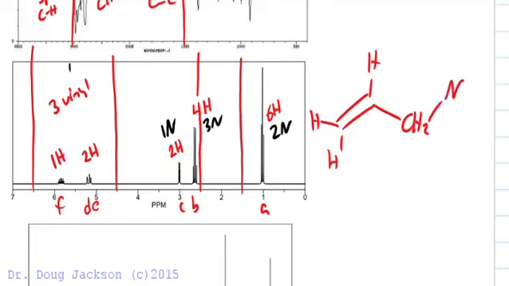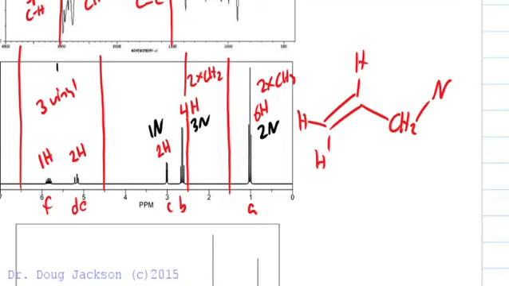Now, how do we get a CH6? Well, that's impossible. Okay, so it's got to be 2 CH3s, and then 4 hydrogens here likely are 2 CH2s. And so what we end up having are 2 identical ethyl groups that are both attached to the nitrogen.